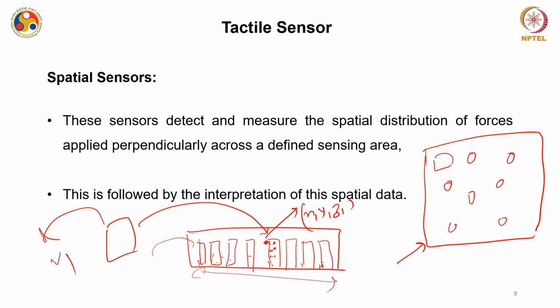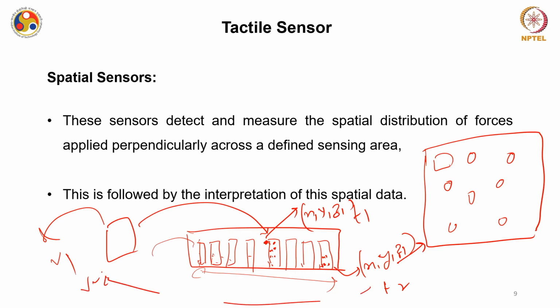If you touch another particular area on this spatial tactile sensor, say at time t2, this will generate a voltage V2.